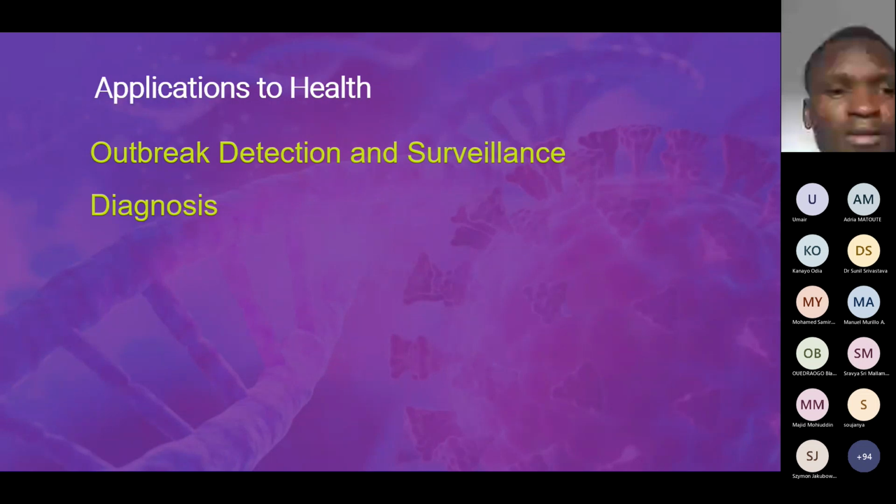Now, the second thing is diagnosis. You can actually use metagenomics for diagnostic techniques, because in metagenomics there's an aspect that deals with the phenotypic and the genotypic aspects of pathogenic organisms.